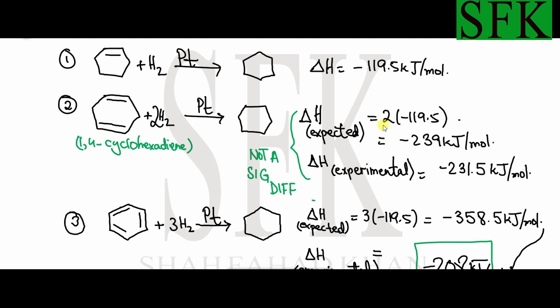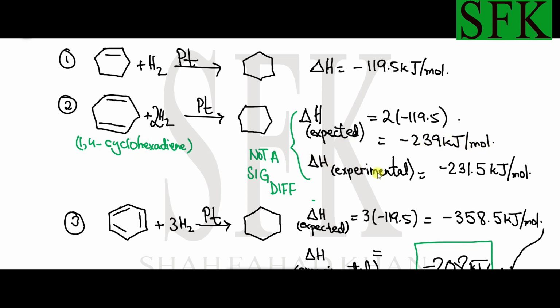I've multiplied this by 2 because the double bonds have doubled. The carbon-carbon double bonds are 2 in the second structure. So 2 carbon-carbon double bonds would mean twice as much energy would have been released. So the expected energy was minus 239 kilojoules per mole.